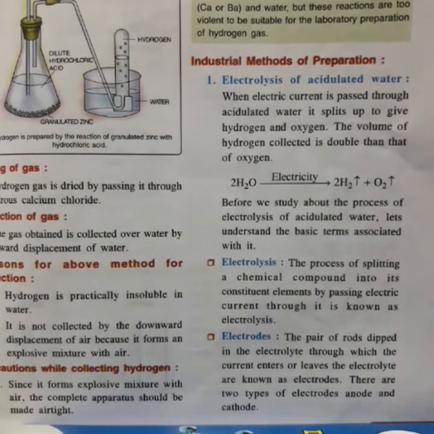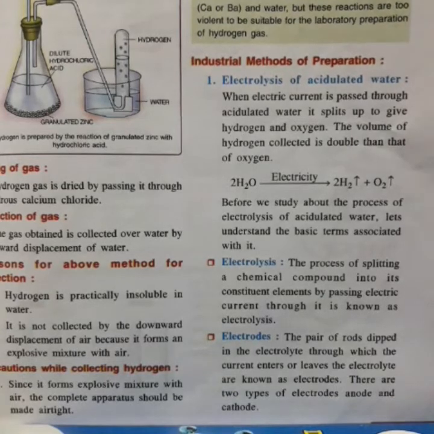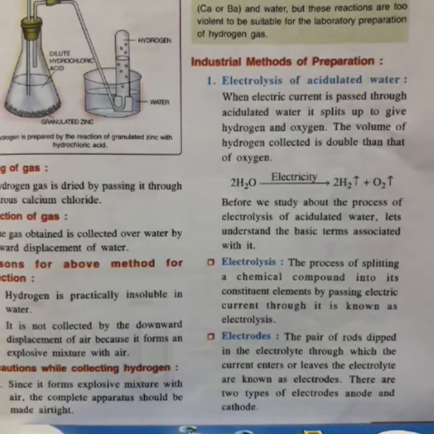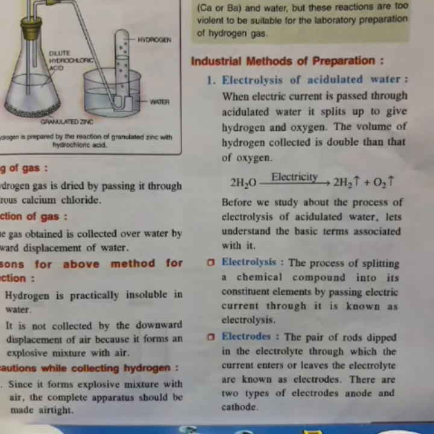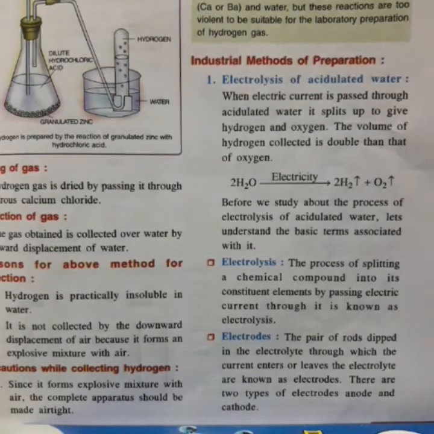Then what you should know? Purification. Okay, purification is very important. Before collection, the gas should be free from any impurities. Granulated zinc is impure zinc. So when it reacts with either dilute hydrochloric acid or sulfuric acid, it releases many gases as impurities in traces only.